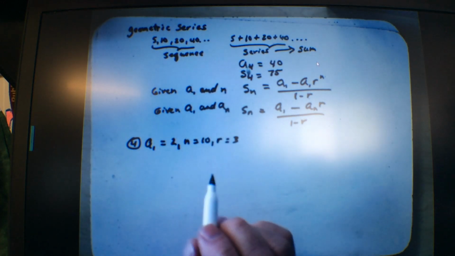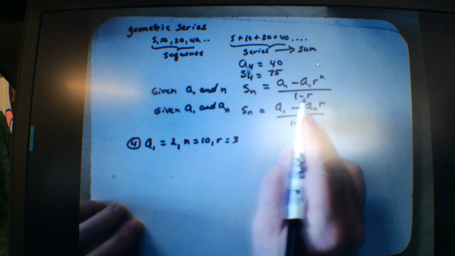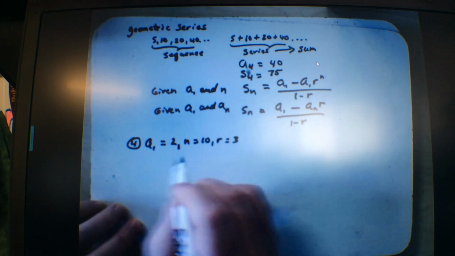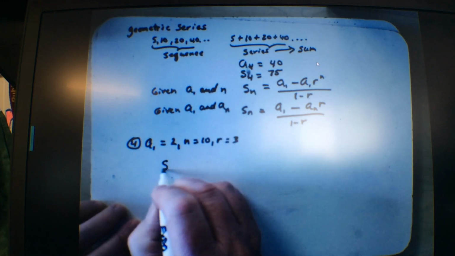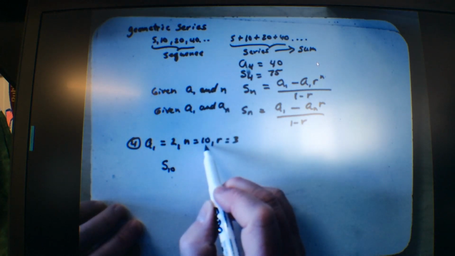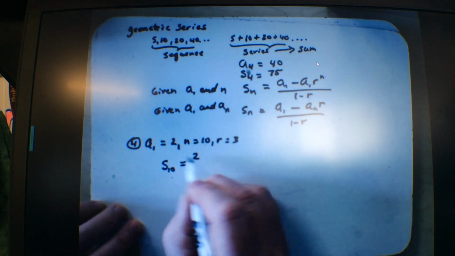So how do you know what the S n is yet? Okay? First, which one to use? Well, no, the first number that you need. Okay, we'll talk about it. Okay? We're going to go S of 10, right? Because I'm looking for the 10th, right? Equals a sub 1, which is 2. That's my first term, right?